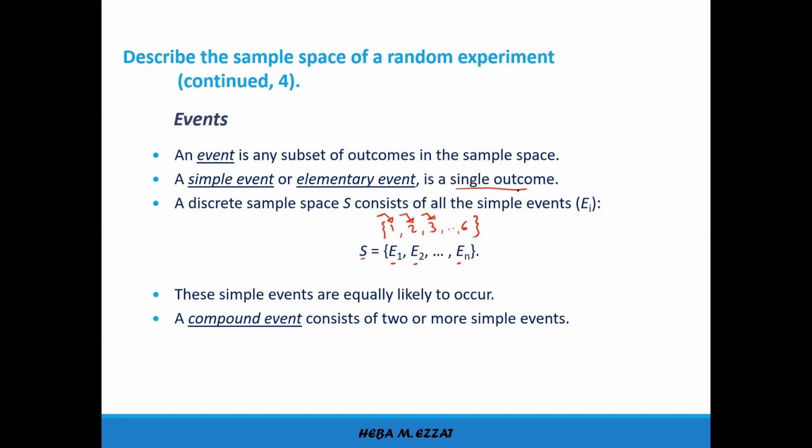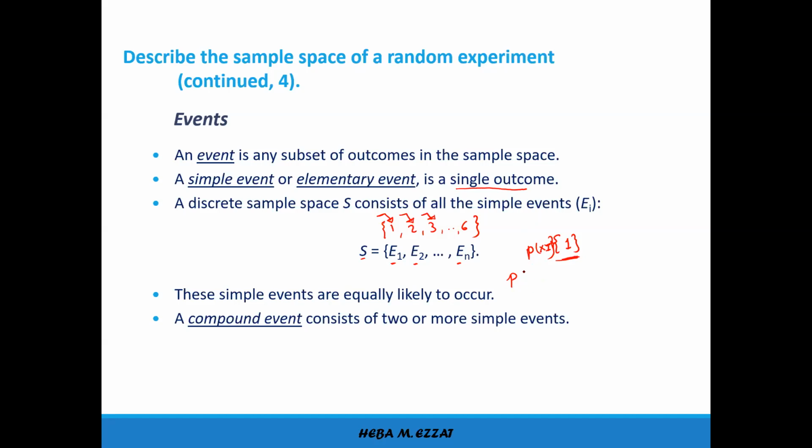So if we have that, we call this a simple event because it only considers one single outcome. Sometimes we want to check the probability of rolling x equals 1, if the die reveals number 1.